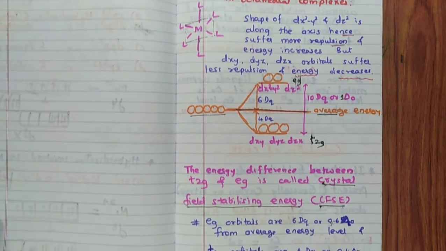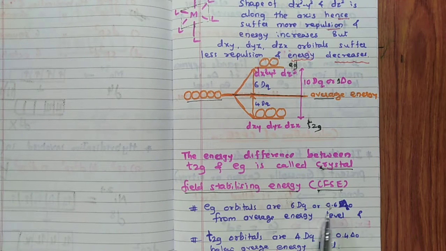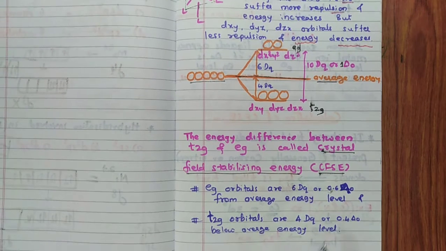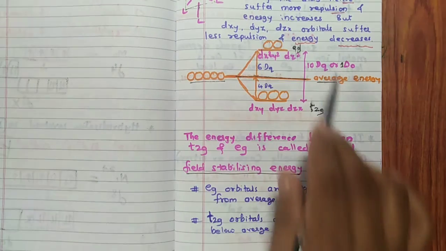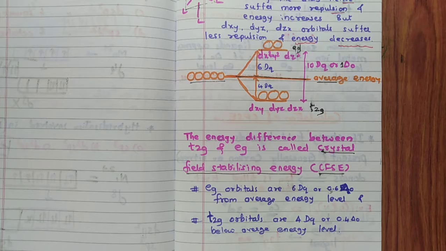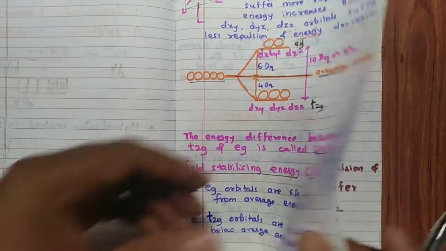So eg orbitals are 6 Dq or 0.6 delta naught above the average energy level, and t2g orbitals are 4 Dq or 0.4 delta naught below it. This is the splitting of orbitals in octahedral complexes.